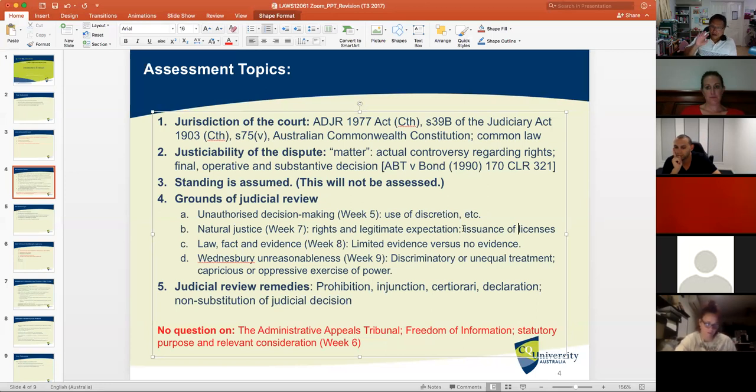Now, I need to point out that these are the common law judicial review remedies, but if you look at Section 12 of the ADJR Act, those powers of the Federal Court or the Federal Circuit Court are actually equivalent to these common law judicial review remedies.